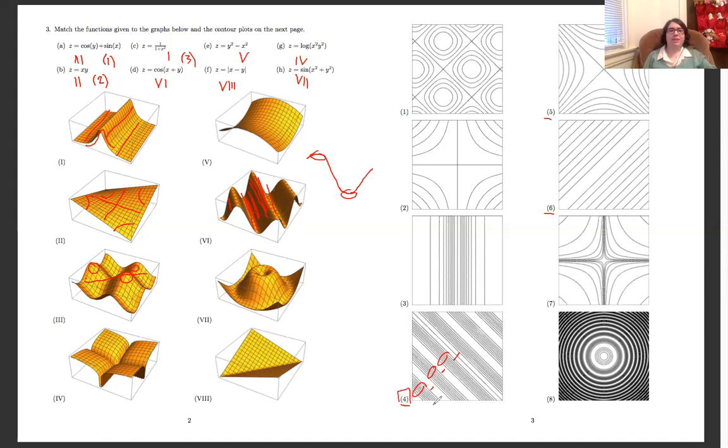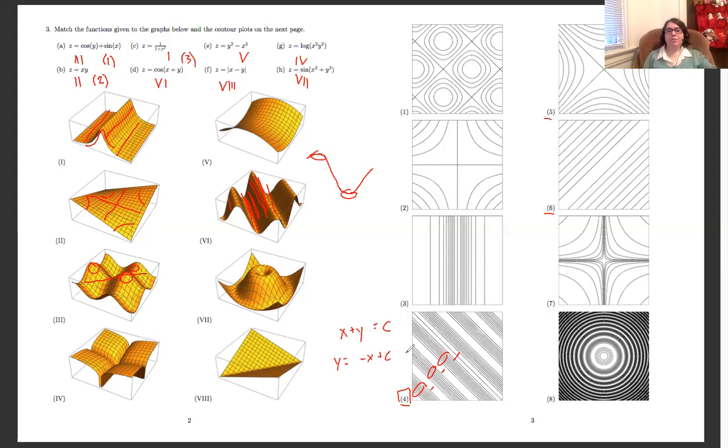Another way I could think of it is that since I have cosine of x plus y, I expect my contours to correspond with set values of x plus y. If z is equal to a constant, then the arc cosine of z is a constant, and x plus y equals a constant, say c, gives me the line y equals negative x plus c.